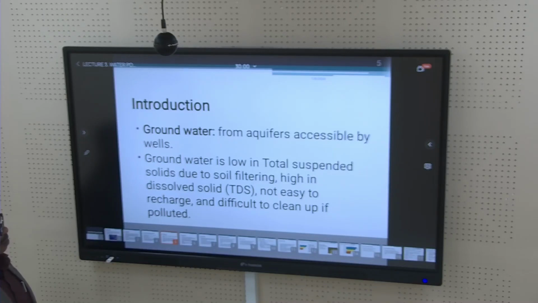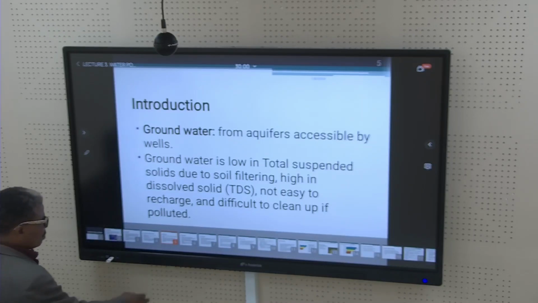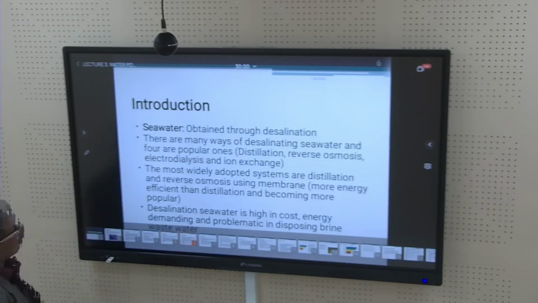Some rocks are there, porous rocks are there to the water table, so it becomes covered, so it's easier now to filtrate. Not easy to recharge and difficult to clean up if polluted, because it's under the ground.